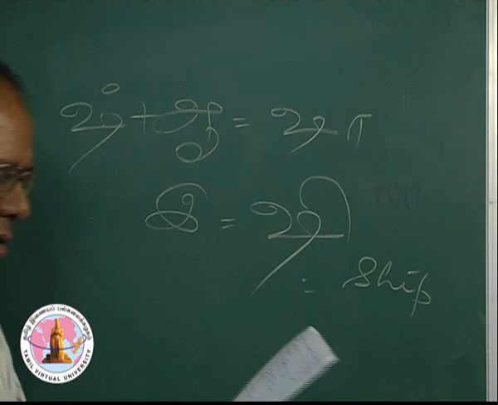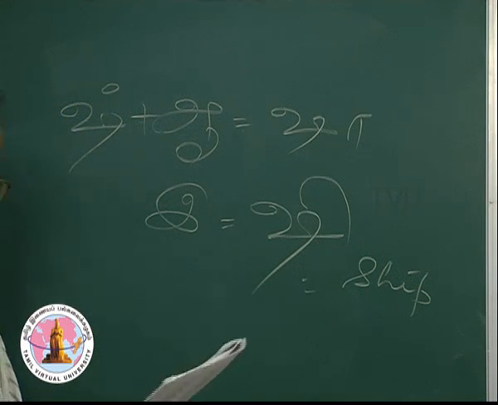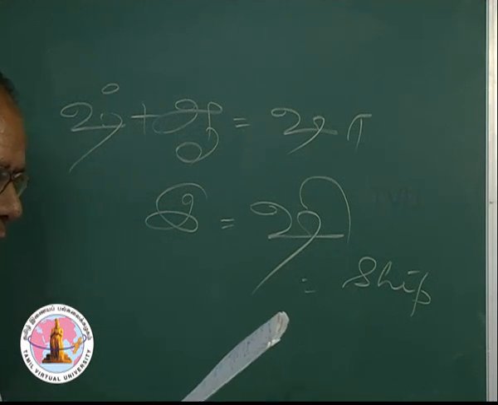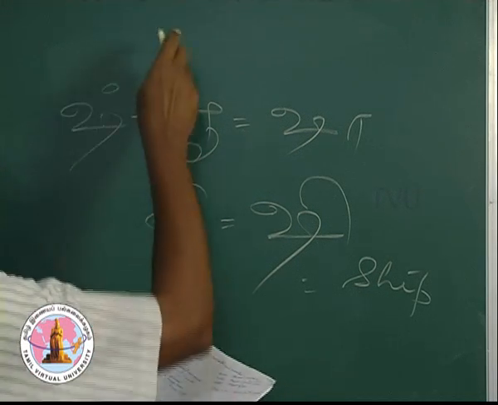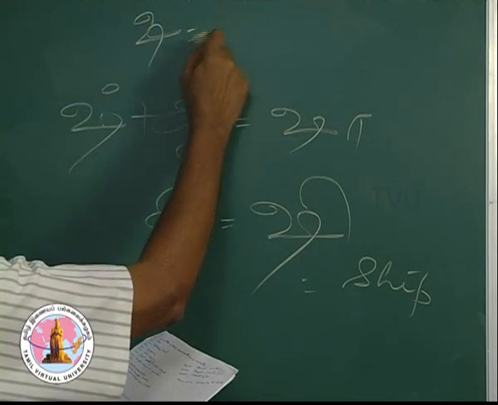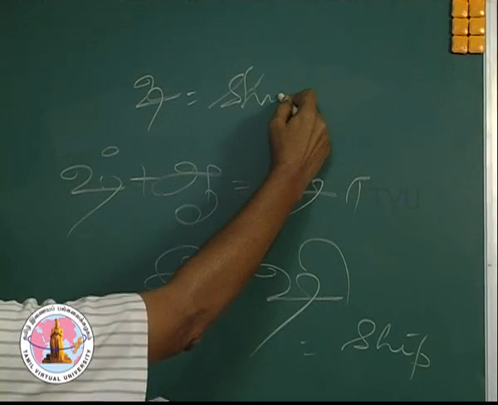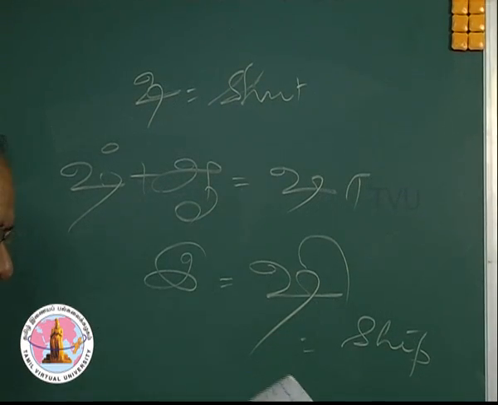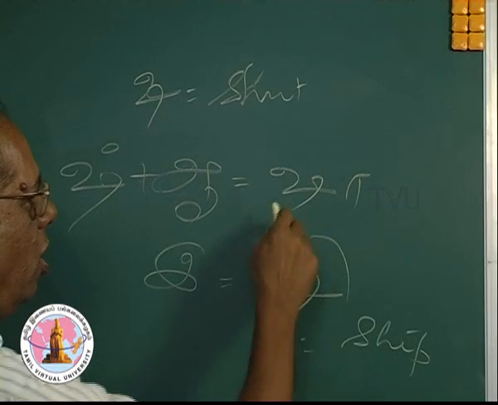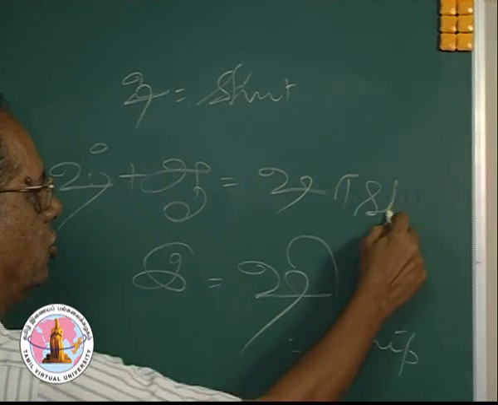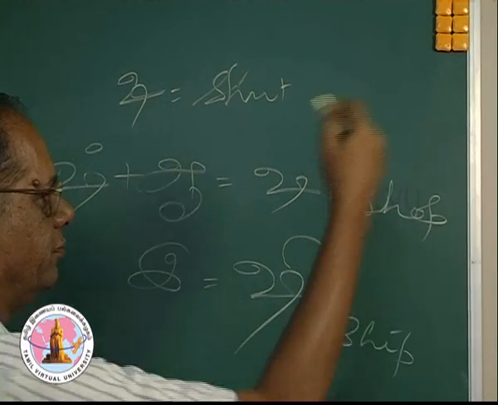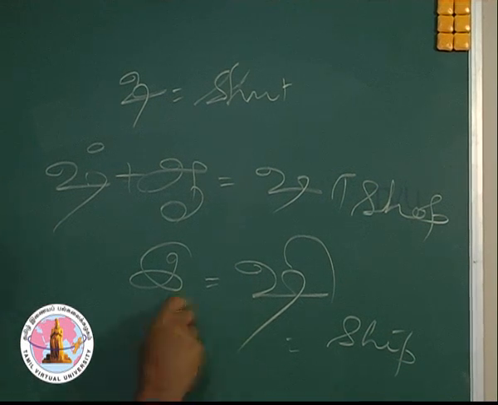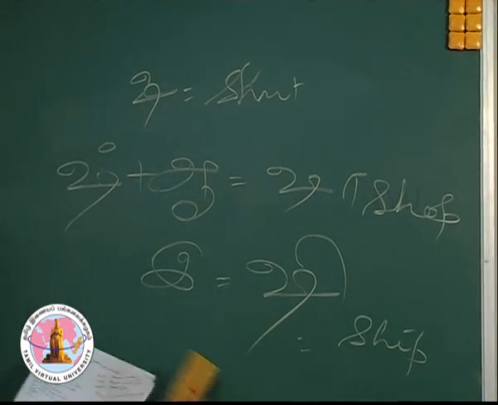You would like to have the pronunciation with the English sounds, isn't it? So for Sha, it can be as in shut. For Sha, it can be shop. So for she, it is as pronounced in ship.